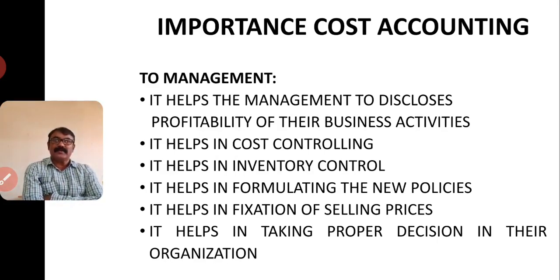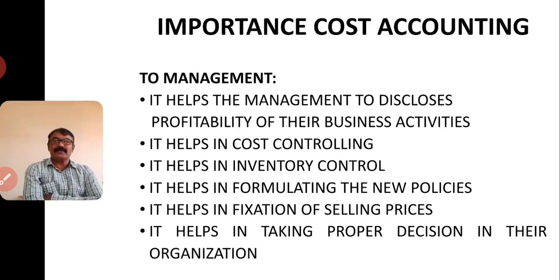And next, it helps in fixation of the selling price. Easily it can fix the selling price, because the total cost will be ascertained by function-wise, element-wise, or behavior-wise classification. We come to know the total cost easily, because the prime cost will be there, works cost, cost of production, and the total cost of sales will be there.